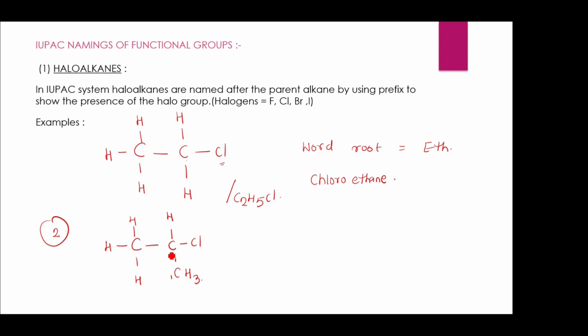So if you're naming 1, 2, 3, here chlorine is in the second carbon and the longest chain is 3. So it will be propane. So the chloro will act as a side chain. So 2-chloropropane. The IUPAC name has the 2 to indicate the position of the chlorine in this compound. So 2-chloropropane.